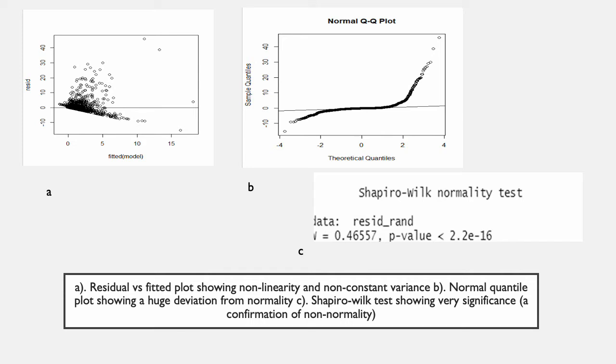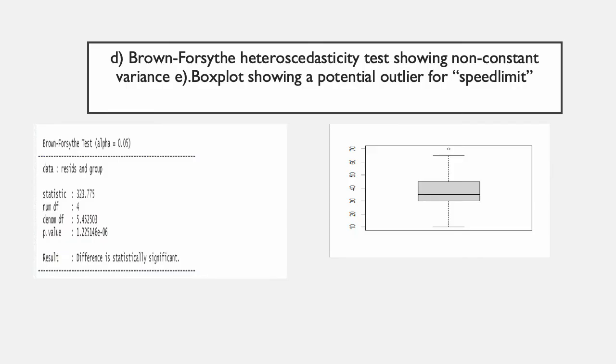In order to check for non-constant variance and non-normality of errors, we find that the residual versus fitted plot shows non-linearity and non-constant variance, and the Shapiro plot along with the normal quantile plots shows that we have non-normal errors. We went further to use the Brown-Forsythe test, a heteroscedasticity test, to confirm the non-constant variance, and we find that it is truly non-constant, and our box plot for speed limit shows a potential outlier.